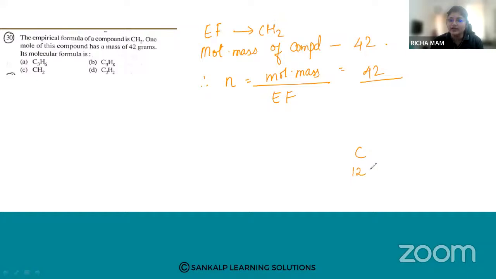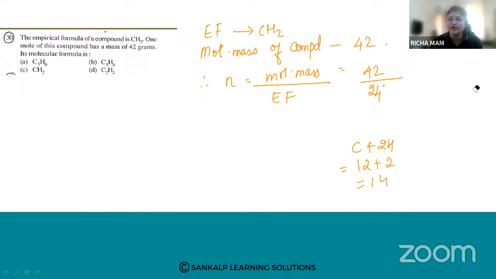Carbon is 12, plus two hydrogens, so 12 plus 2 is 14.